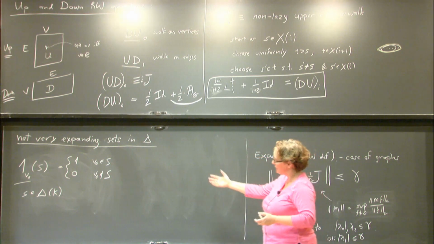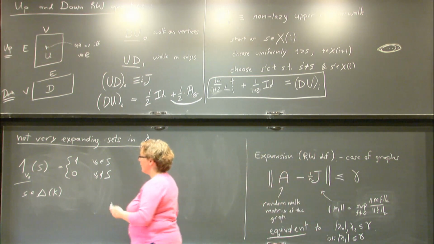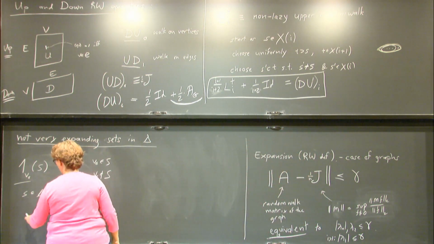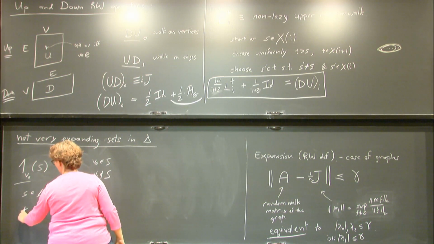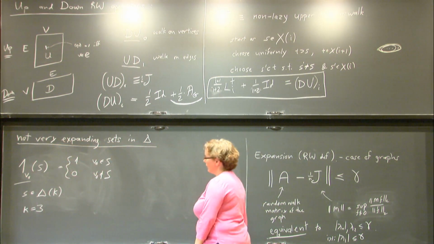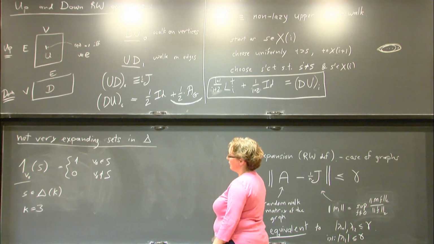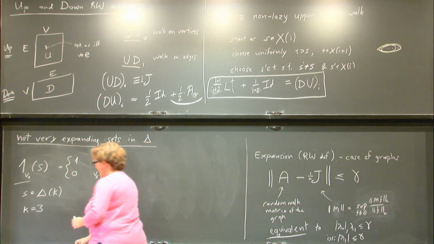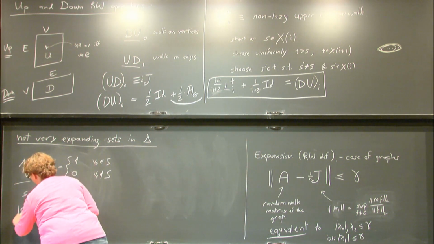Okay, so let's see. Let's fix k. What should I fix k to be, like 3 or something? Okay, let's fix k to be 2, and S has size 3.